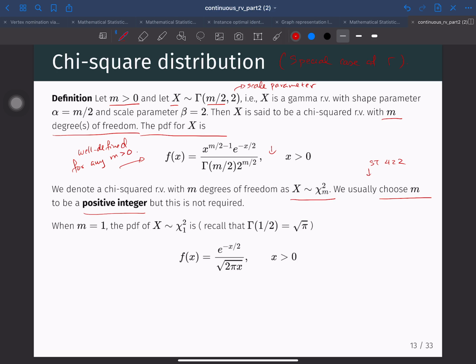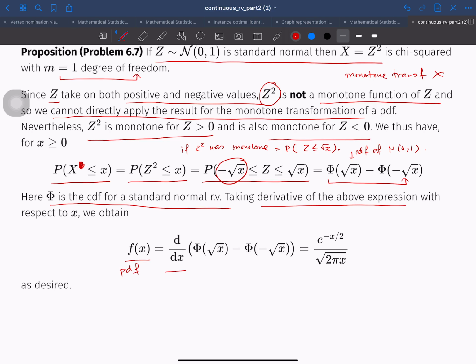Now, once I have the CDF for x, I can just take the derivative with respect to little x to obtain the PDF. Taking the derivative here is easy, because this one just becomes the PDF, so that becomes 1 over 2 times square root of x times the PDF, which is e to the minus square root of x squared divided by 2.